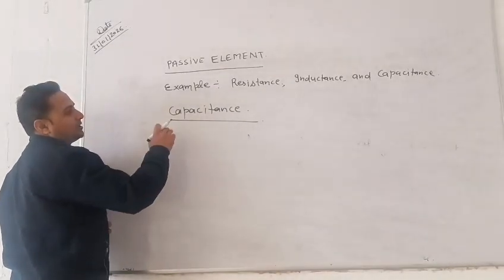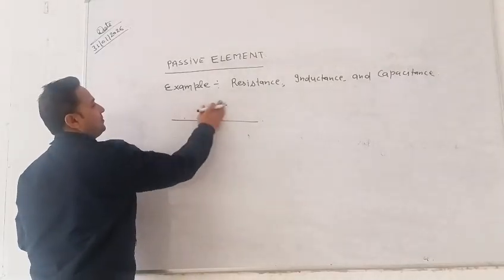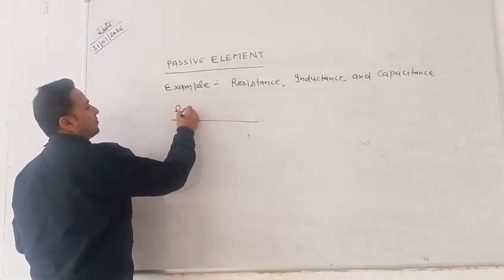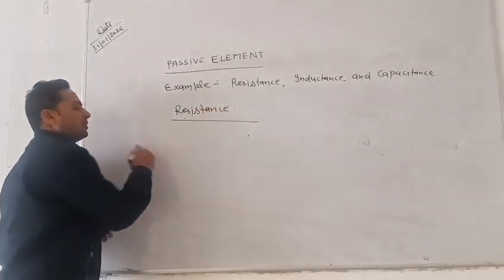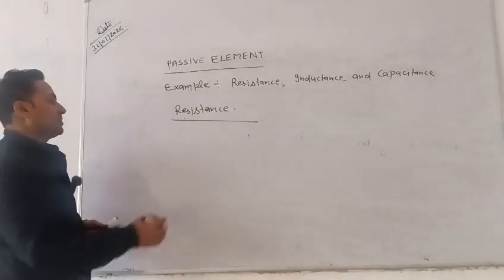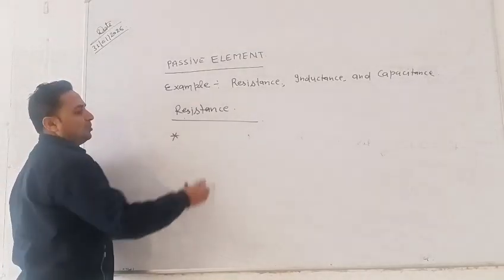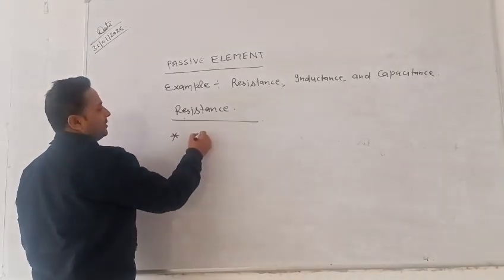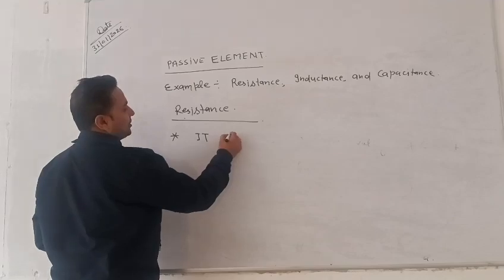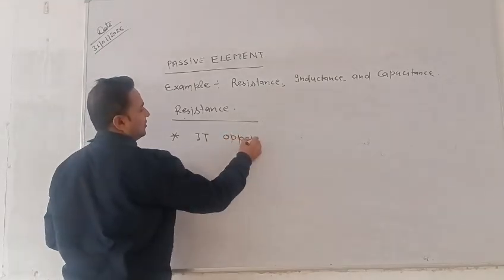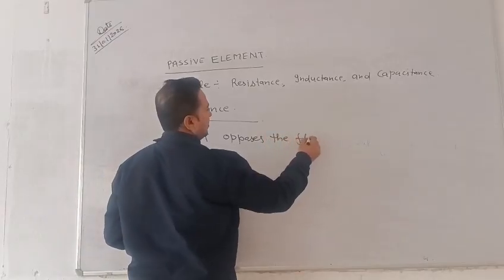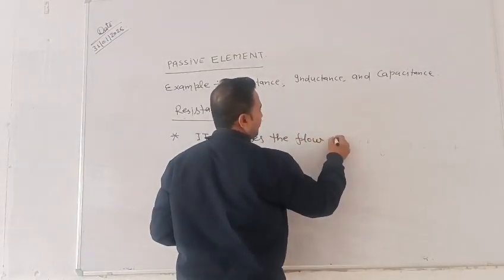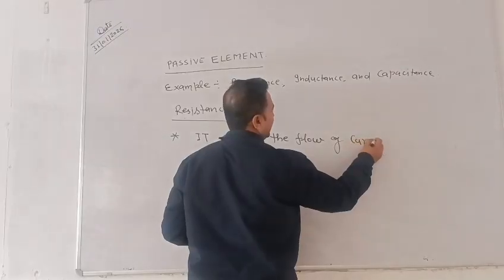Last one is the resistance. The basic property of resistance, as all of you know, is that it opposes the flow of current.